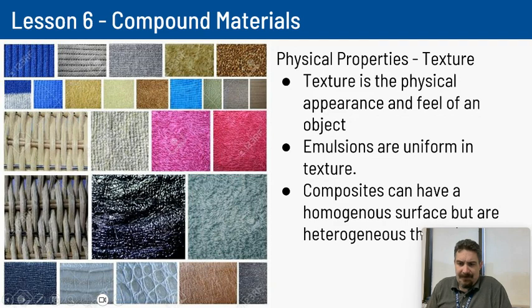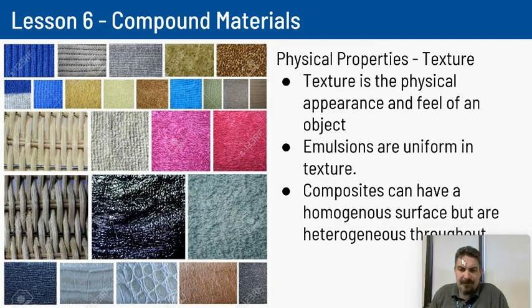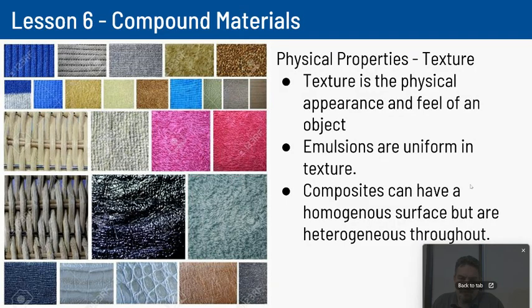Composites, on the other hand, have a more homogeneous surface, but they can be heterogeneous throughout. So a composite like, say, the concrete with that steel reinforcement, the surface is just smooth concrete, right? We don't have any steel sticking out. But inside, there's steel bars in the concrete, so it is not homogeneous, not the same throughout the substance.